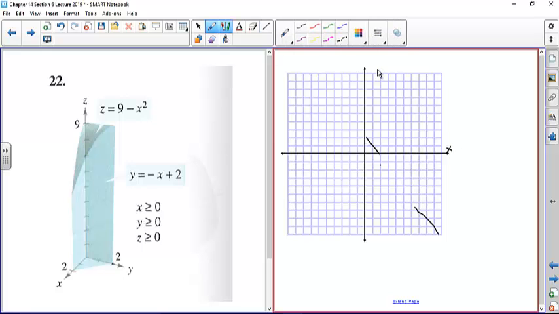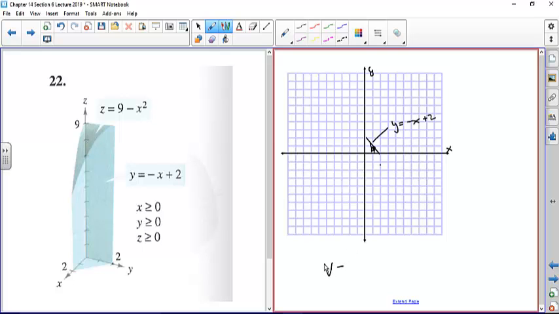So this is the xy plane. And so again, if we're going to integrate with respect to x last, then we set up our rectangle like that. And this curve is going to be y equals negative x plus 2. And then we've got the z thing here, which defines the top part.